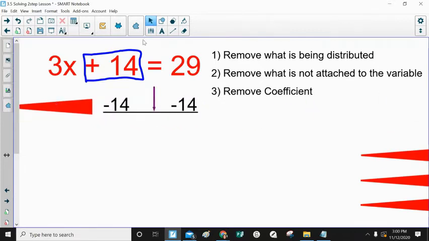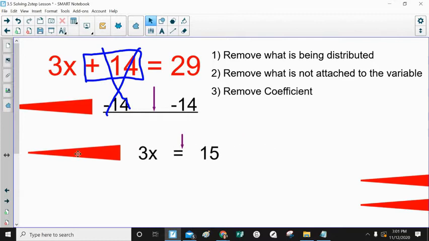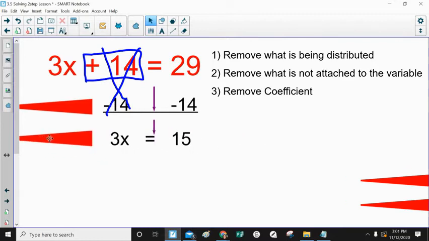So if I subtract 14 from both sides of the equation, I'm going to zero 14 out from the left side. And I'm going to include minus 14 on the right side of the problem. And when I do that, I simplify both sides and I end up with 3x equals 15.